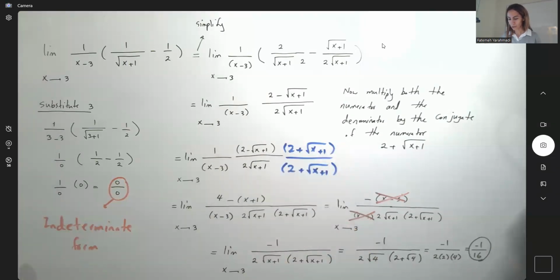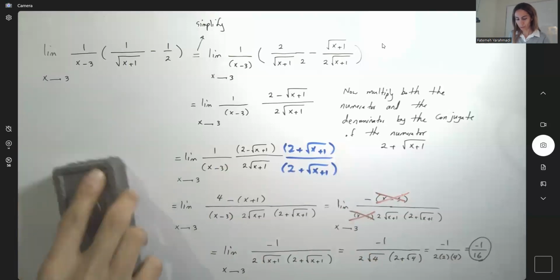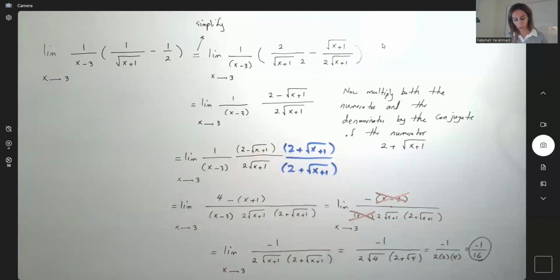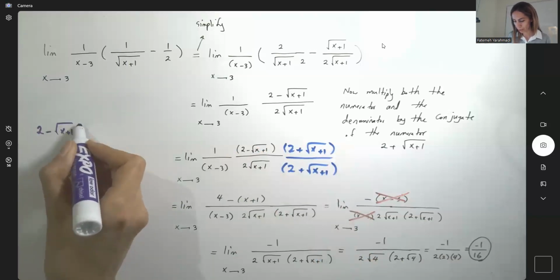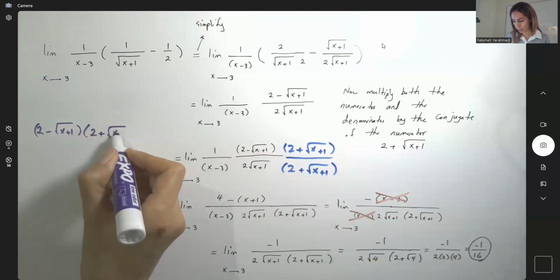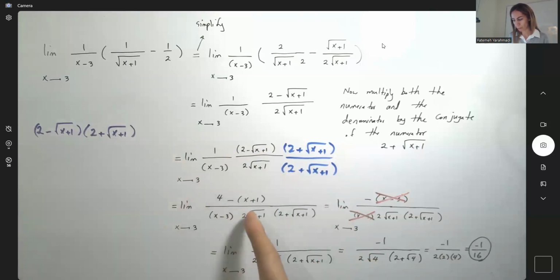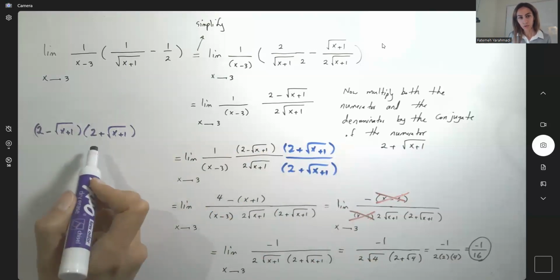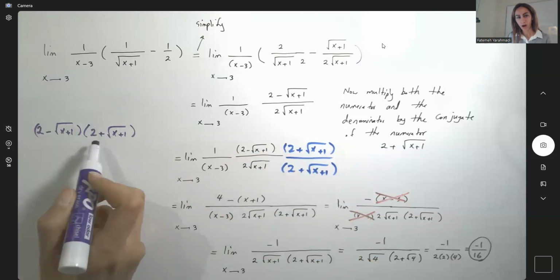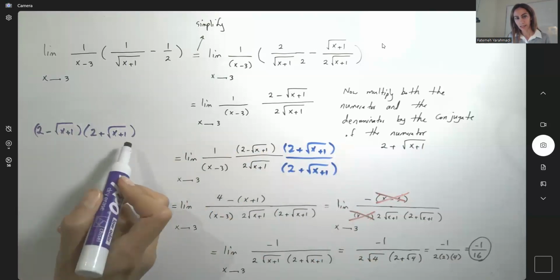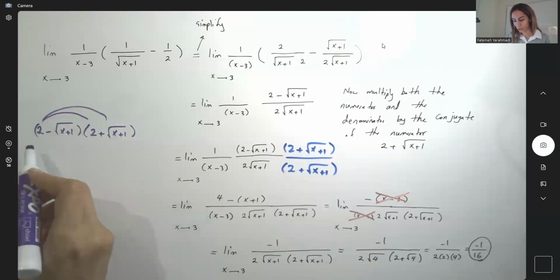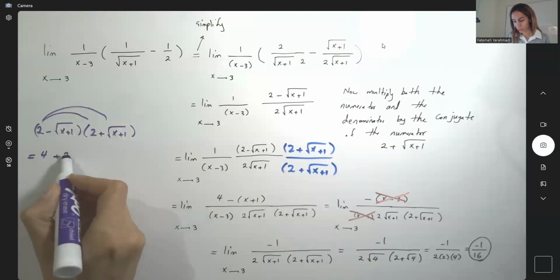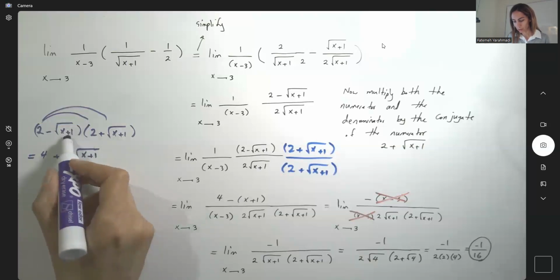So a quick note for those of you who are wondering how the multiplication here, 2 minus square root of x plus 1 times 2 plus square root of x plus 1, became 4 minus x plus 1, you can do the distribution, or since these two have the opposite signs with the exact same expressions, you can just follow the formula. But here, if you do the distribution, this is 4 plus 2 times square root of x plus 1, then do the distribution.